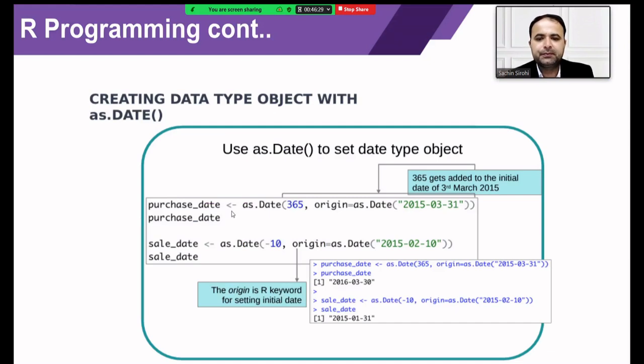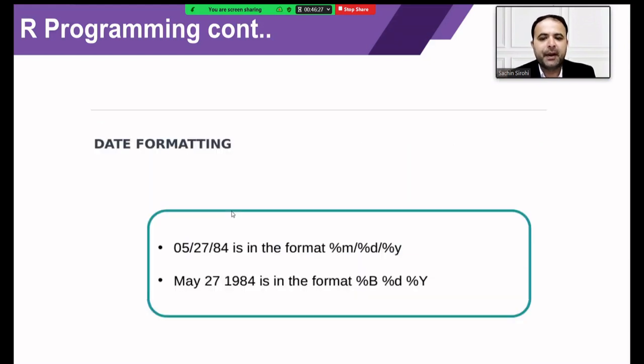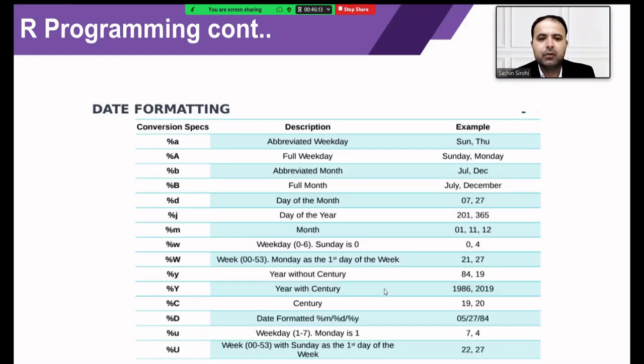Now, date formatting. Obviously, we can also perform some date formatting. The format is month, day, year. We can change it like B, day, year. How?